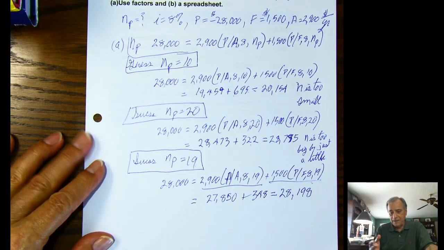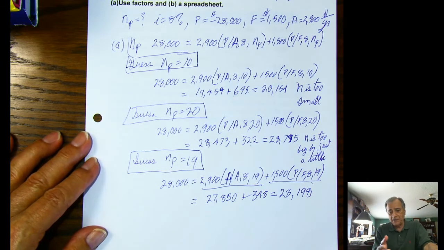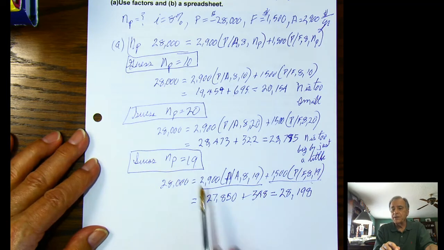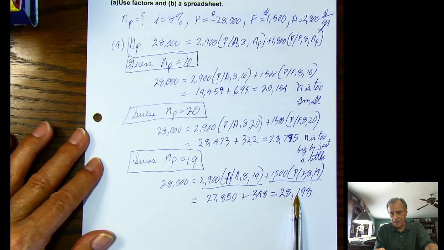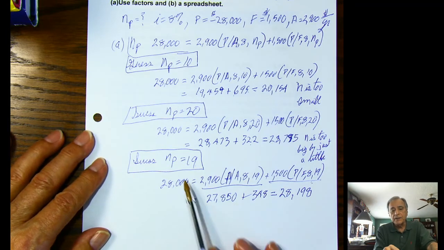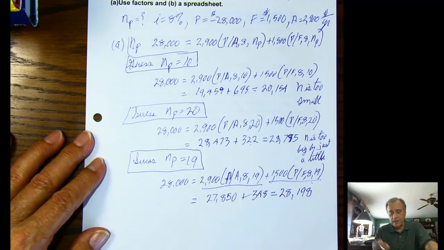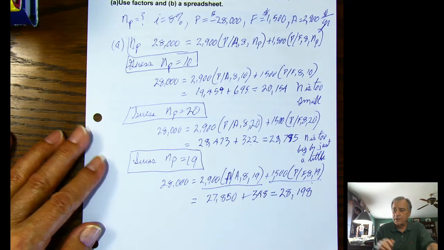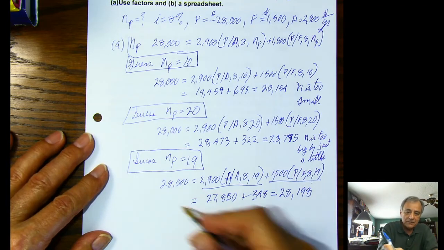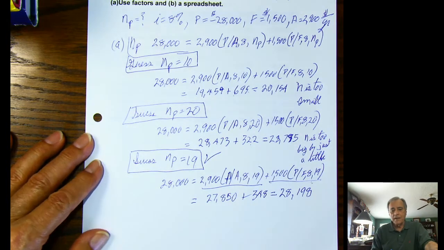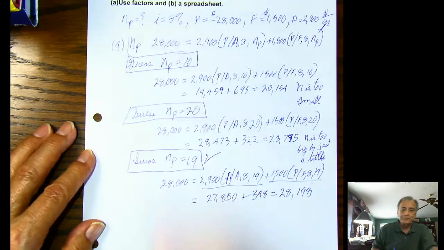So actually, the actual number NP will be between 18 and 19, but it'll be pretty close to 19. And sometimes, on the number of years, we just round it up anyway. So I'm going to say the answer is 19. Okay, and go for that for Part A.